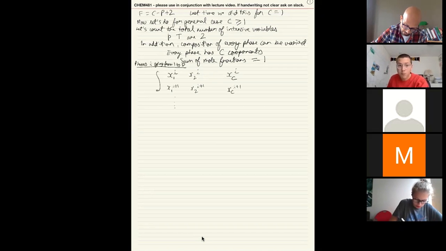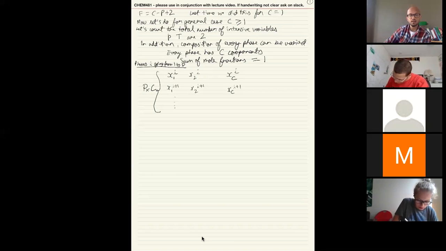How many such compositions do we have? We have P multiplied by C, since every phase has C components. So we have P times C things that we could vary at the same time.